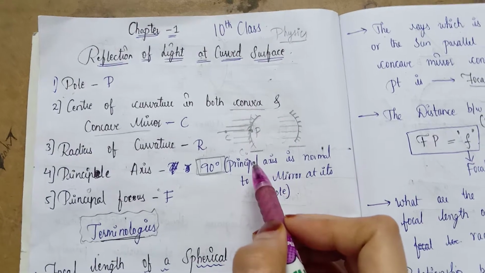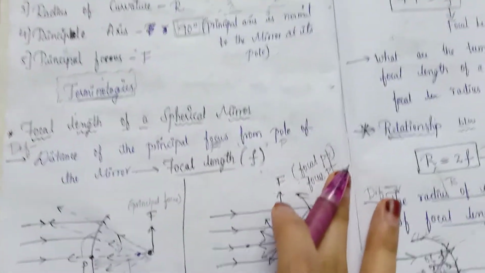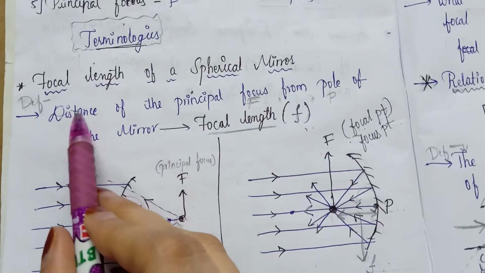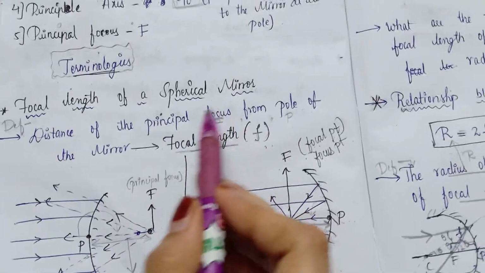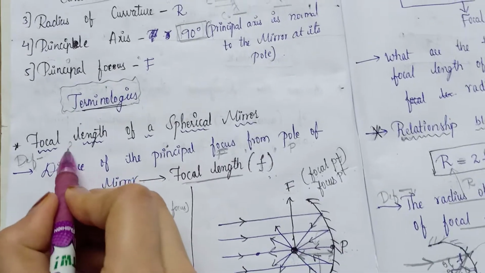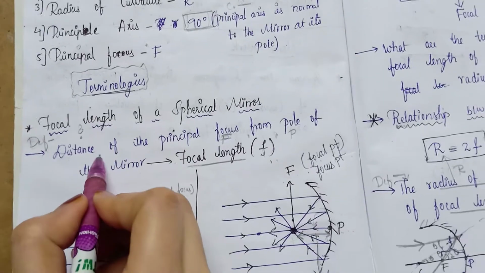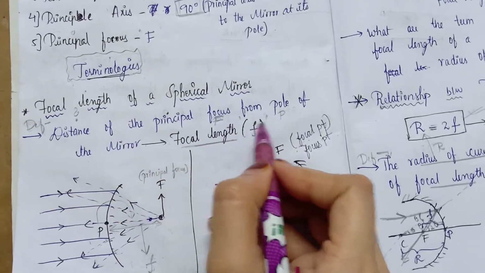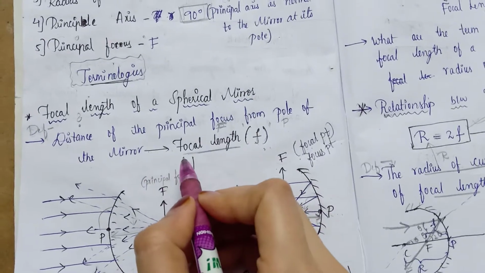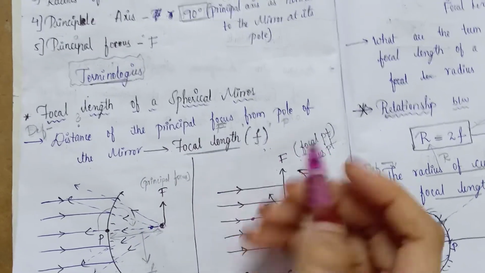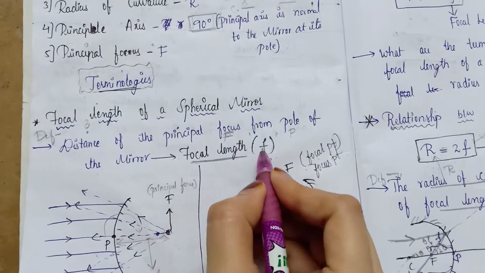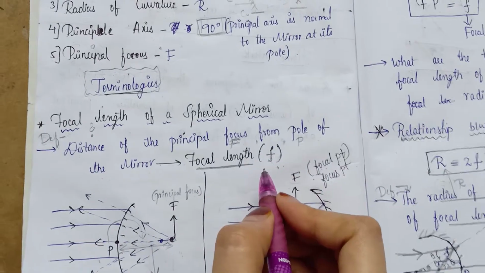Let us start today's topic, that is focal length of spherical mirror. First of all, what is focal length? Here is the definition: the distance of the principal focus from the pole of the mirror is called focal length, and it is represented by small f.